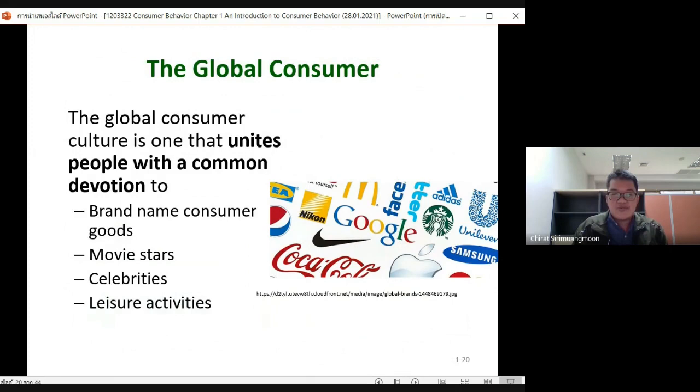Then, for now, we are in the world market. We are in the global consumer. So, one brand can be famous at the same time in many countries around the world.